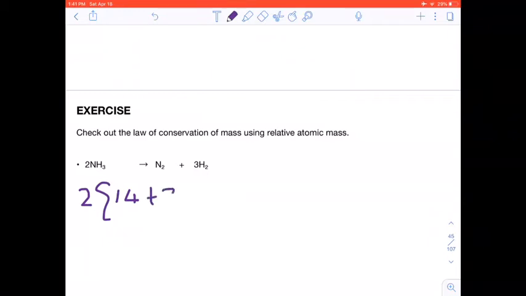Plus hydrogen, we know is 1, which then gives us nitrogen, two times 14 for nitrogen plus 3.